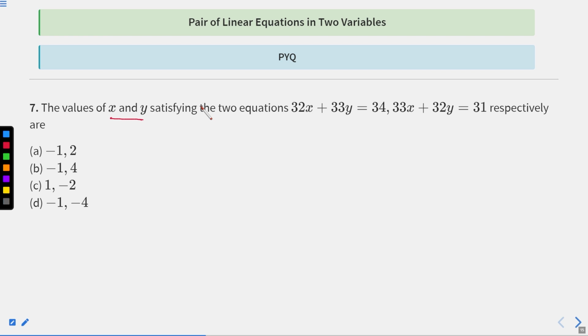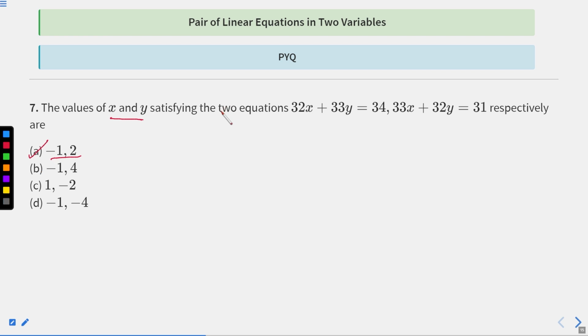Therefore the solution for this given pair of linear equations is x = -1 and y = 2. In option A you can see this is given, so for this question the correct answer is option A.